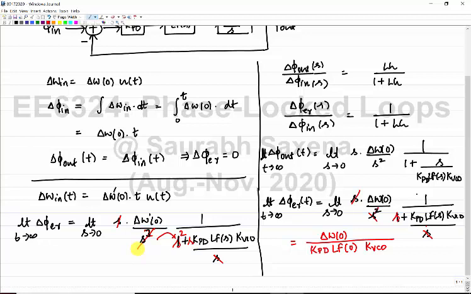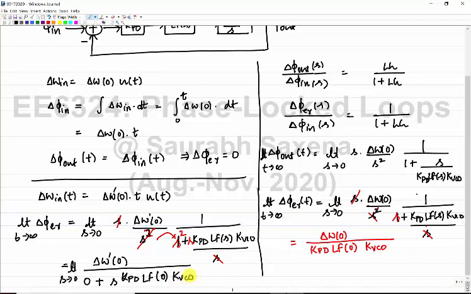So if you look at it, if loop filter of 0 happens to be, let me just write it, I substitute s equals 0, right? So it is going to be 0 plus, this is a 0 value by the way, it is s here, or let me write it as limit s tends to 0 times kpd times loop filter of 0 times kvco.